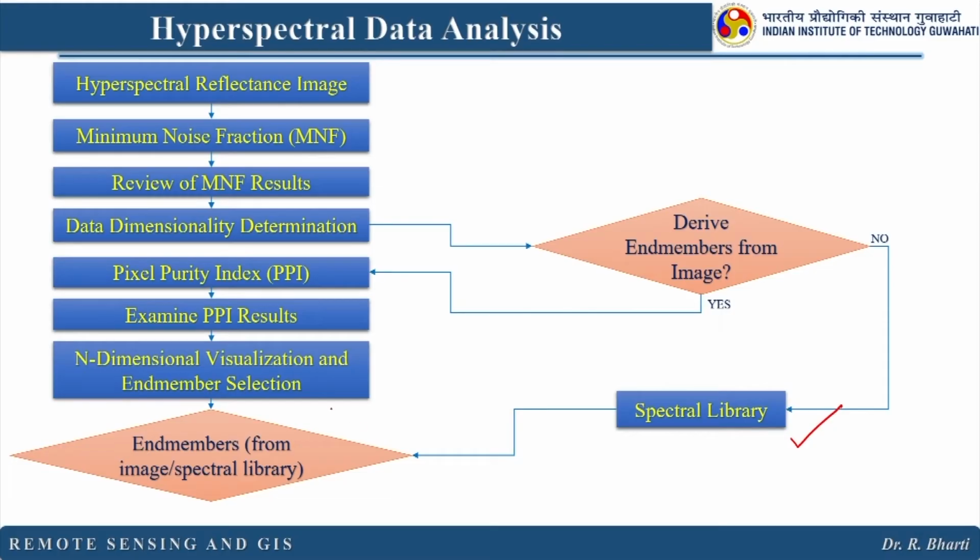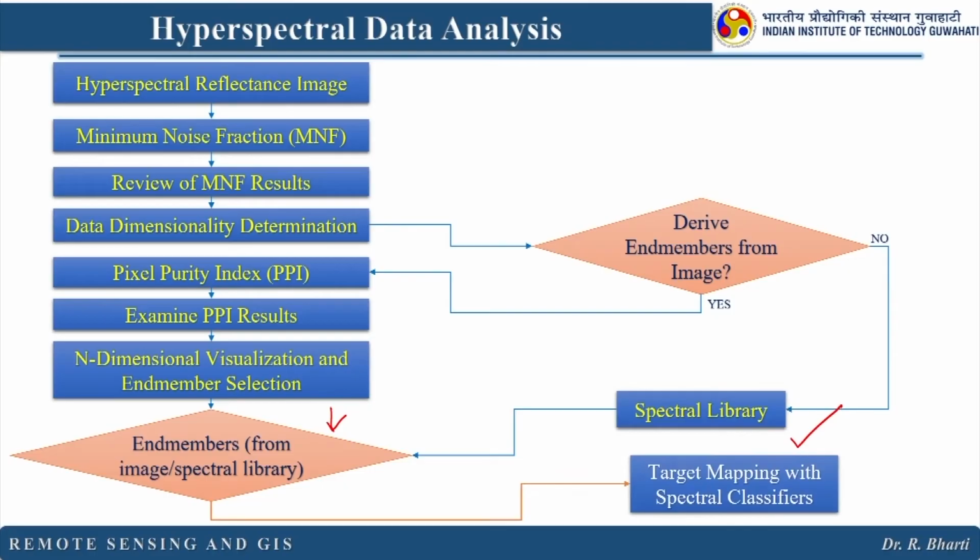In this case we have unknown spectra which are derived from the image or captured by our sensors, right? Now we need to analyze these two together, and only then can we say the material is X, Y or Z. That's why the last step is target mapping with a spectral classifier, right?